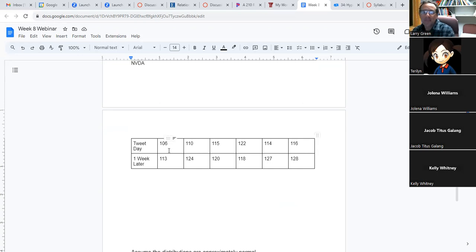In this case, there were two groups. There was a tweet day group and the 1 week later group. If it's a mean and there's two groups, then you have to decide, are they paired, which means dependent, or are they not paired, which means independent?